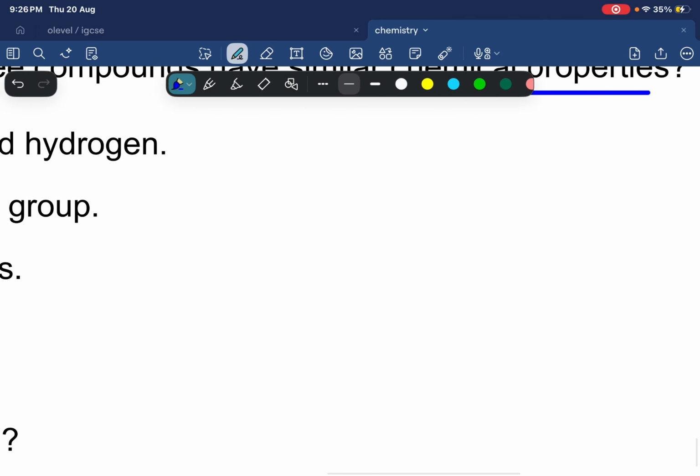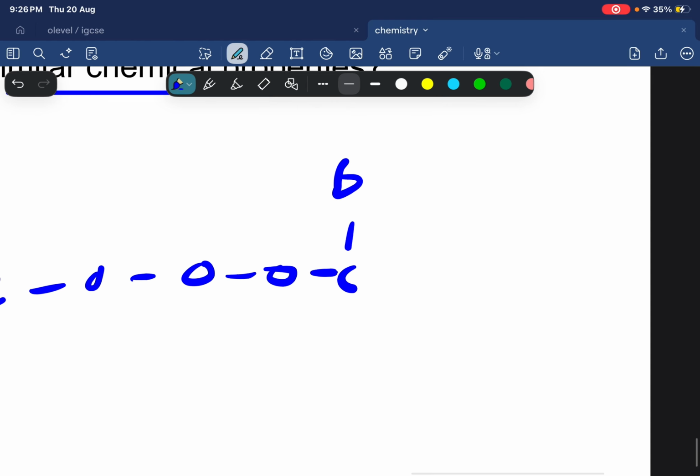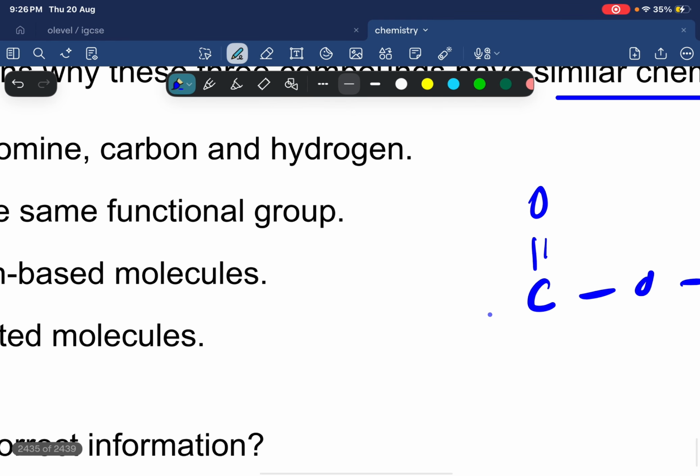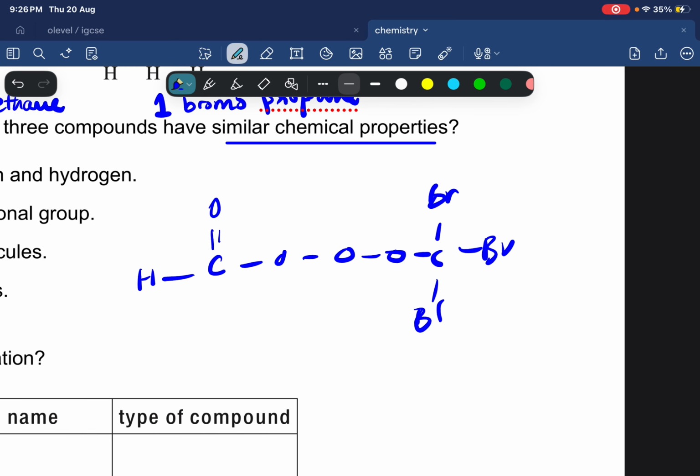Yeah, they contain bromine, carbon, and hydrogen. I agree, but I am going to draw a compound. Now look over here. This compound also contains carbon, oxygen, hydrogen, and bromine.